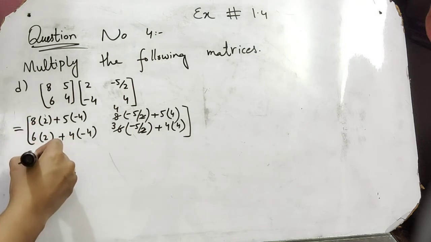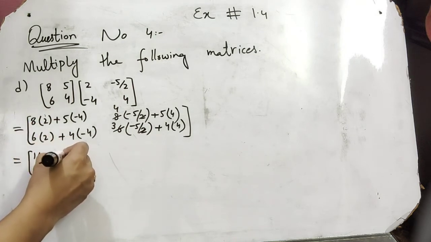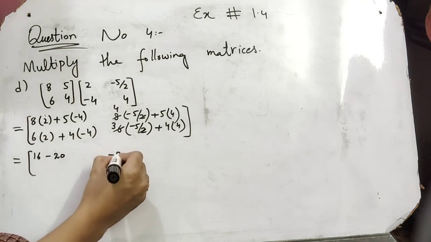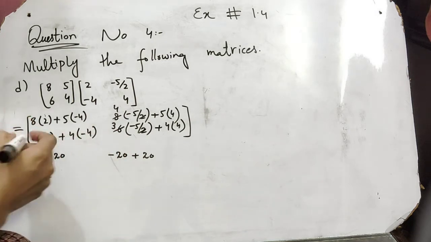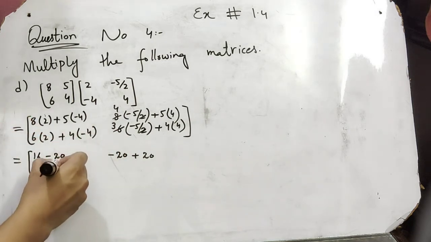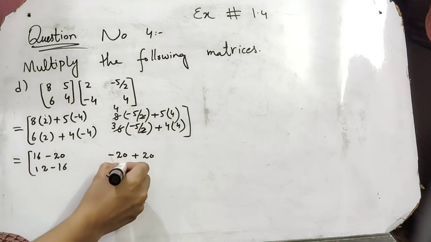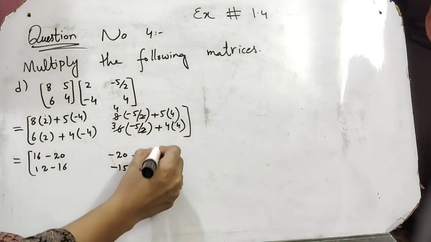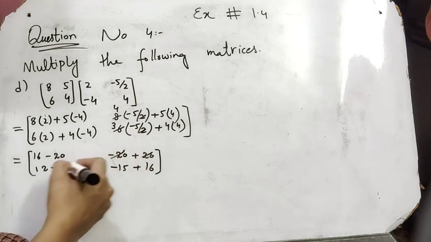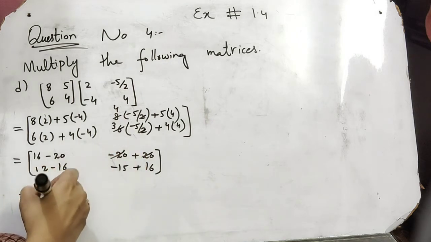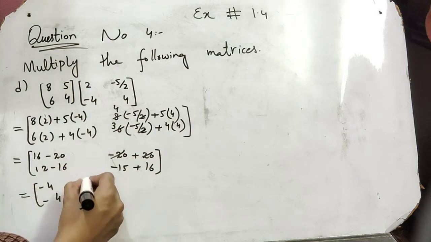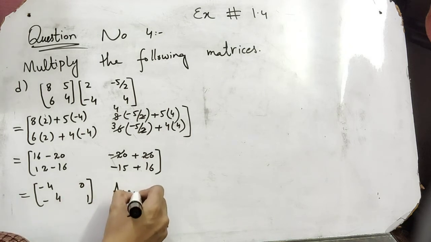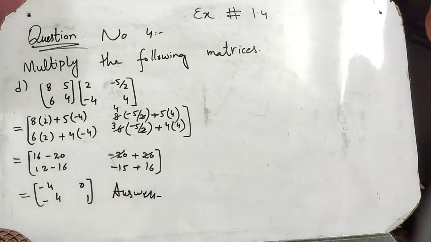Now it will be equals to 16 minus 20, minus 20 plus 20, 12 minus 16, minus 15 plus 16. 20 cancels with minus 20, so it will be equals to minus 4, 0, minus 4 and 1. This is the answer of D part.